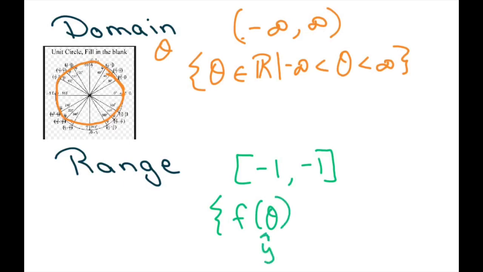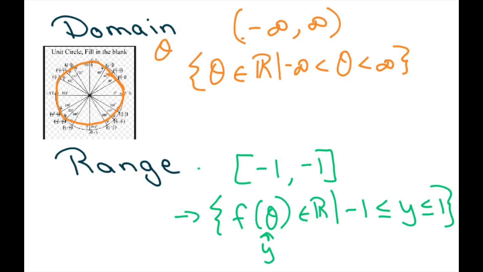Your output belongs to all real numbers such that y is in between or equal to -1 to 1. You want to practice both of these ways to write your domain and range.